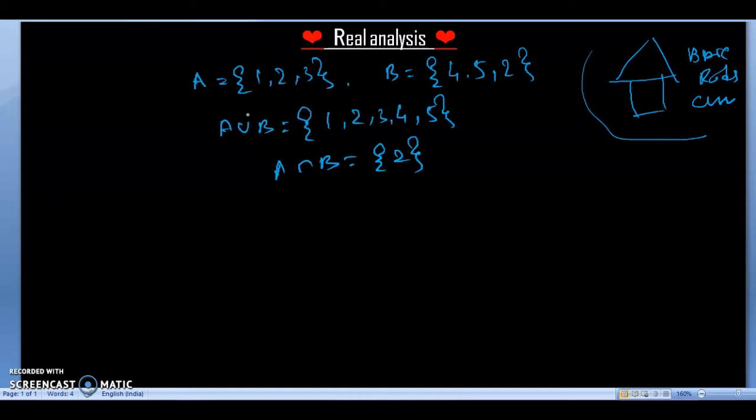Now 1 is in the set A, that's why we say that 1 belongs to A. Now if someone asks you whether 4 belongs to A, 4 is not there, so 4 does not belong to A. We write it in this way.